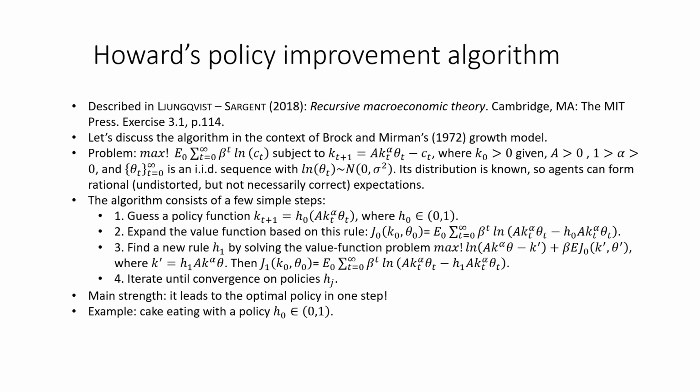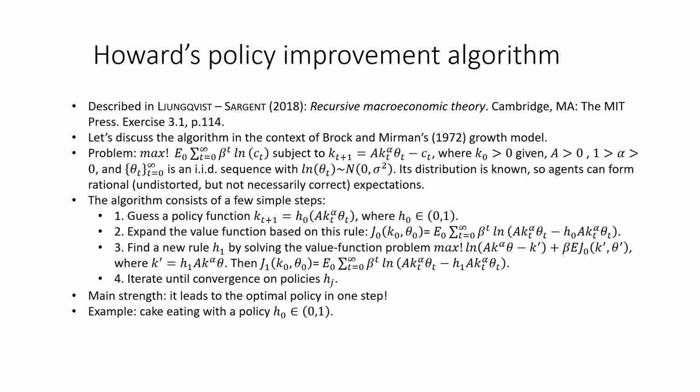Output in period t comes from a production function, which is the usual diminishing marginal product production function with a positive technology parameter a. There is only one input, capital, and there is a stochastic shock with the normal distribution.